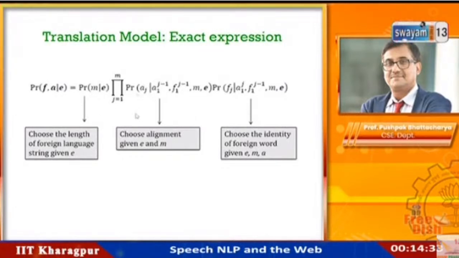So this gave rise to IBM models 1, 2, 3, 5. Five models came from this umbrella expression by making various constraining assumptions.